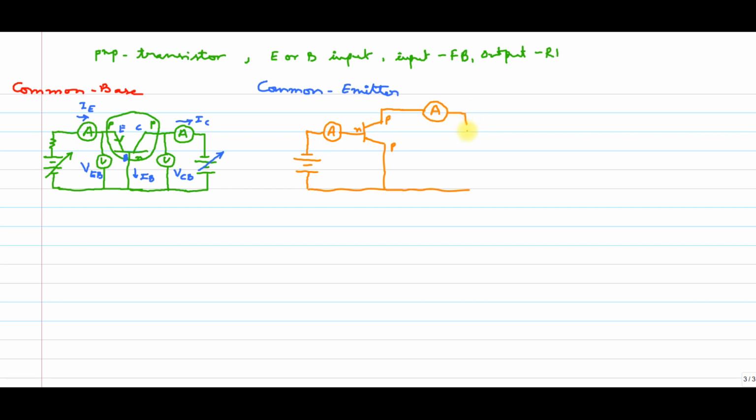Yes, it has been maintained like this. This is also negative, and here also it is negative, and positive is connected to this base. And anyhow one resistor will be there to stabilize the base current. This is the variable and this is also the variable, and this is the voltage.